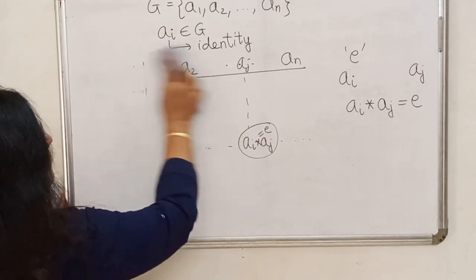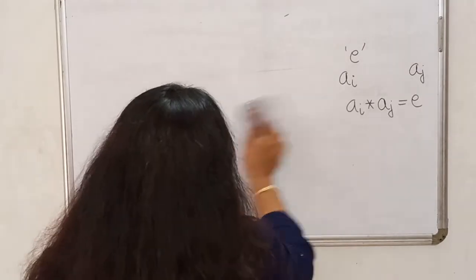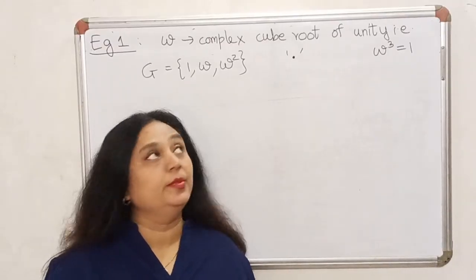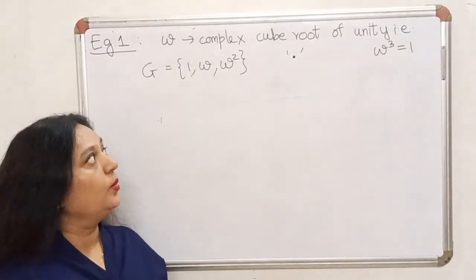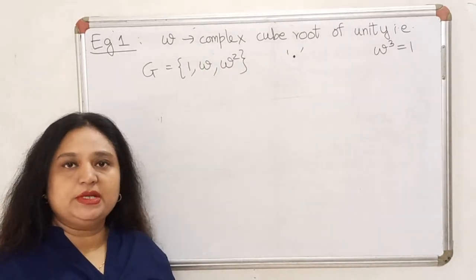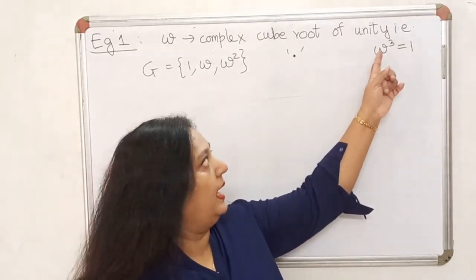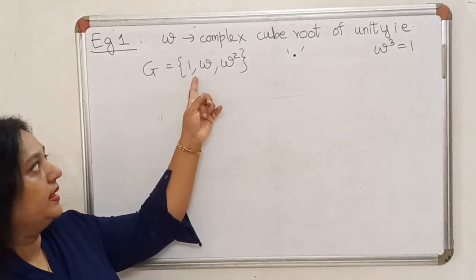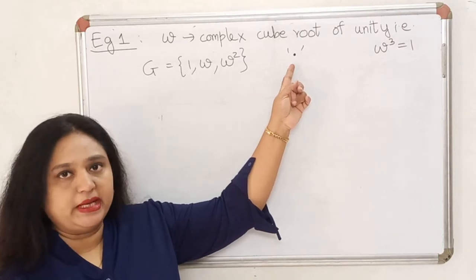So now let's look at some examples of finite groups. As our first example of a finite group, we take G equal to {1, omega, omega square}, where omega happens to be a complex cube root of unity. That means firstly omega is a complex number and omega cube is equal to 1. And on this set, I take the operation of multiplication of complex numbers.